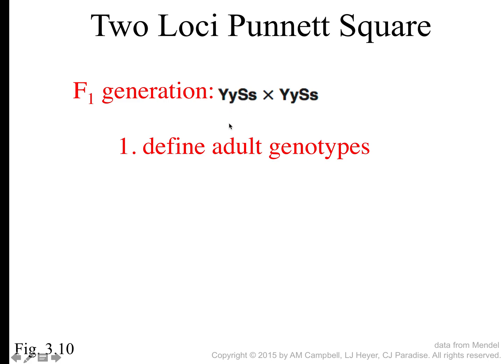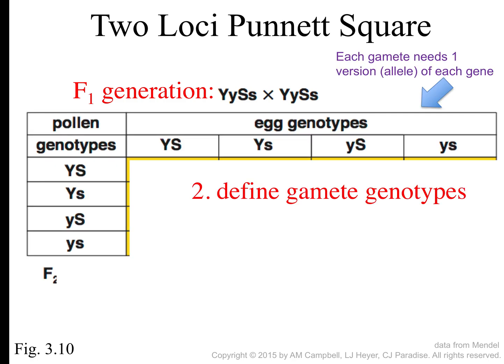They're both heterozygous. They both have the same genotype. What kind of gametes can they make? Across the top of a Punnett square and across the side of the Punnett square are the gametes. So each gamete needs one version of each gene, one type of Y and one type of S, and that's it.